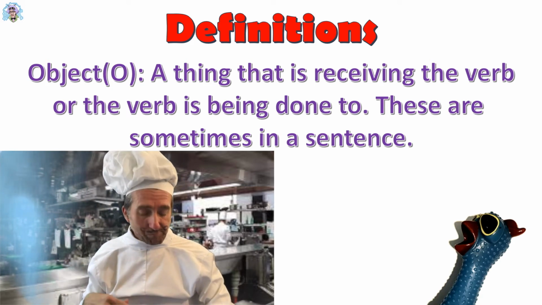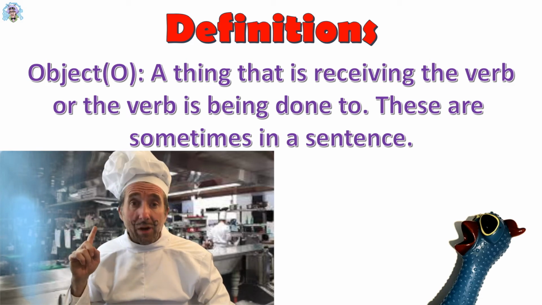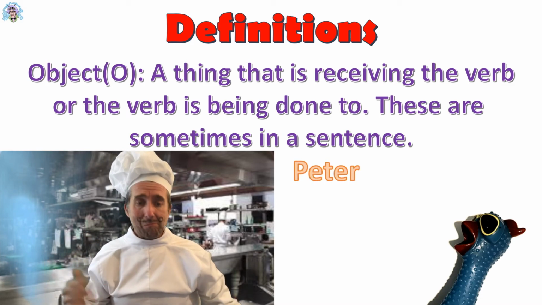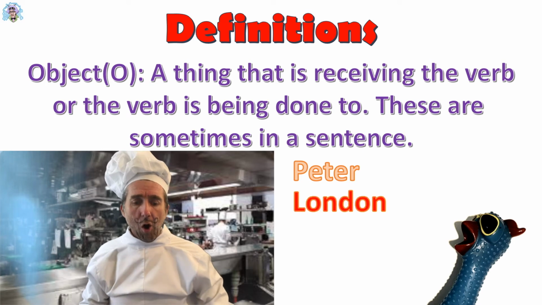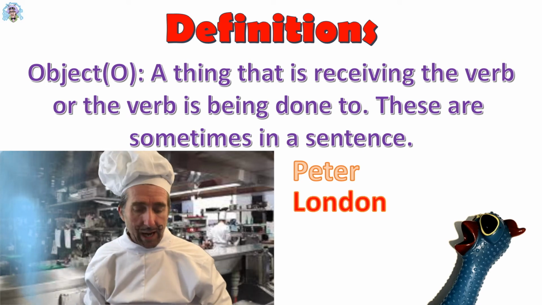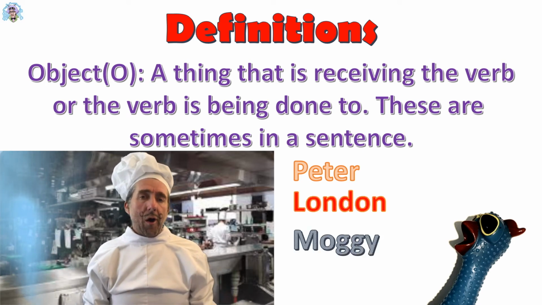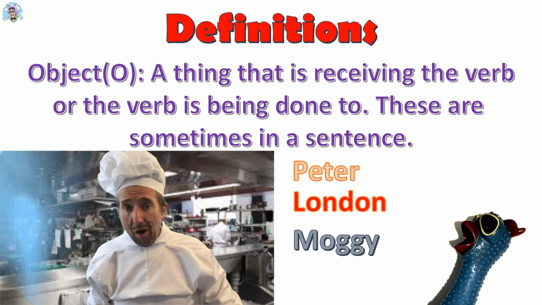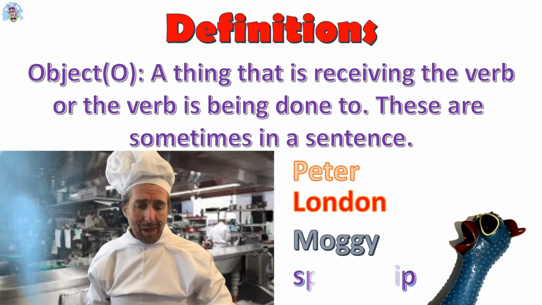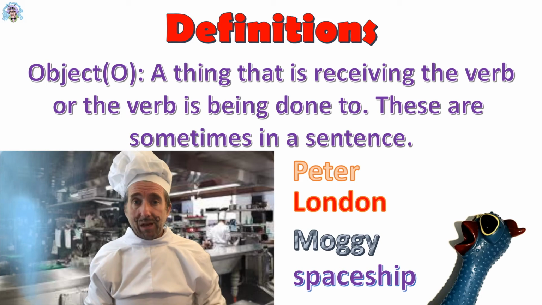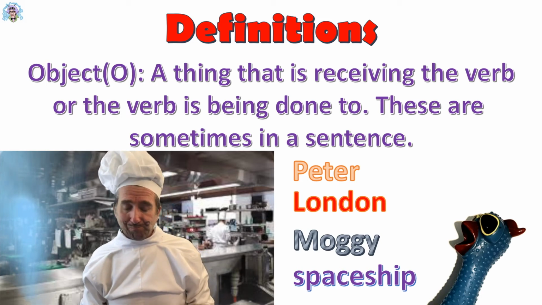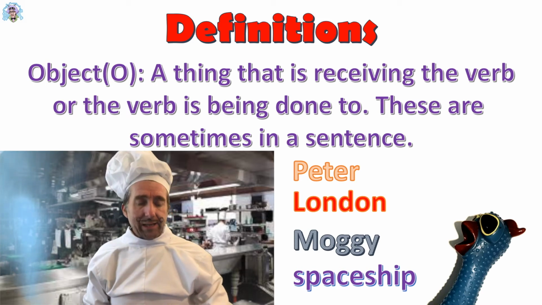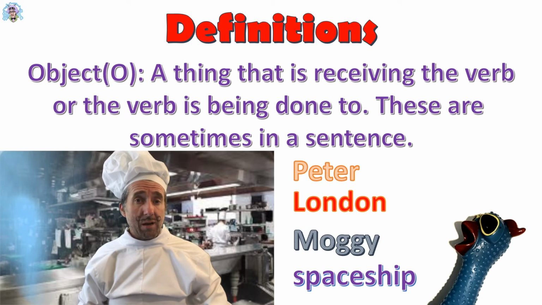Examples that could be an object could be Peter, a friend of mine, or a place, London in this case, or a pet's name, Moggy, my pet cat's name, or a thing, a spaceship. So that is an object, only sometimes in a sentence.